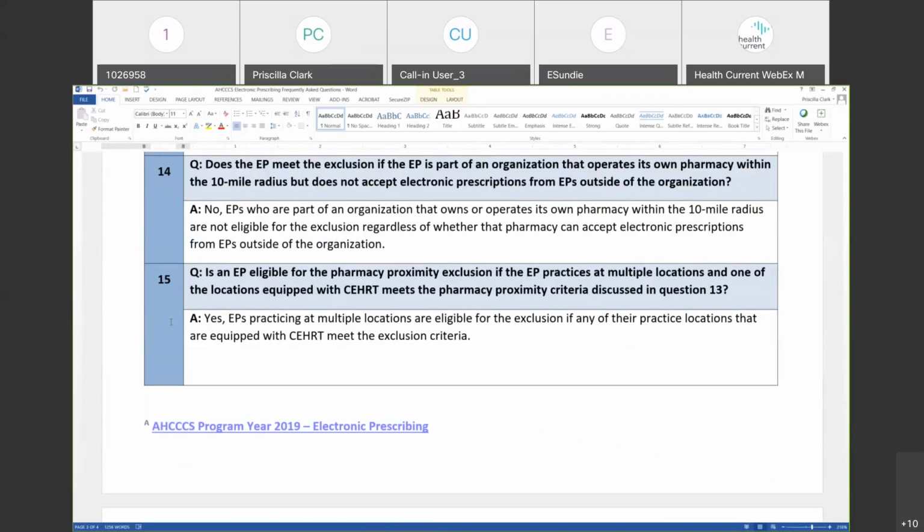So, for example, if an EP works at 3 locations and they don't meet the exclusion at the first 2, so practice A and practice B do not meet the exclusion because there's a pharmacy within 10 miles of their practice. But practice C does not have a pharmacy within 10 miles that accepts electronic prescriptions. That means the EP meets the exclusion at practice C, and therefore overall for this program would meet the exclusion for that measure.